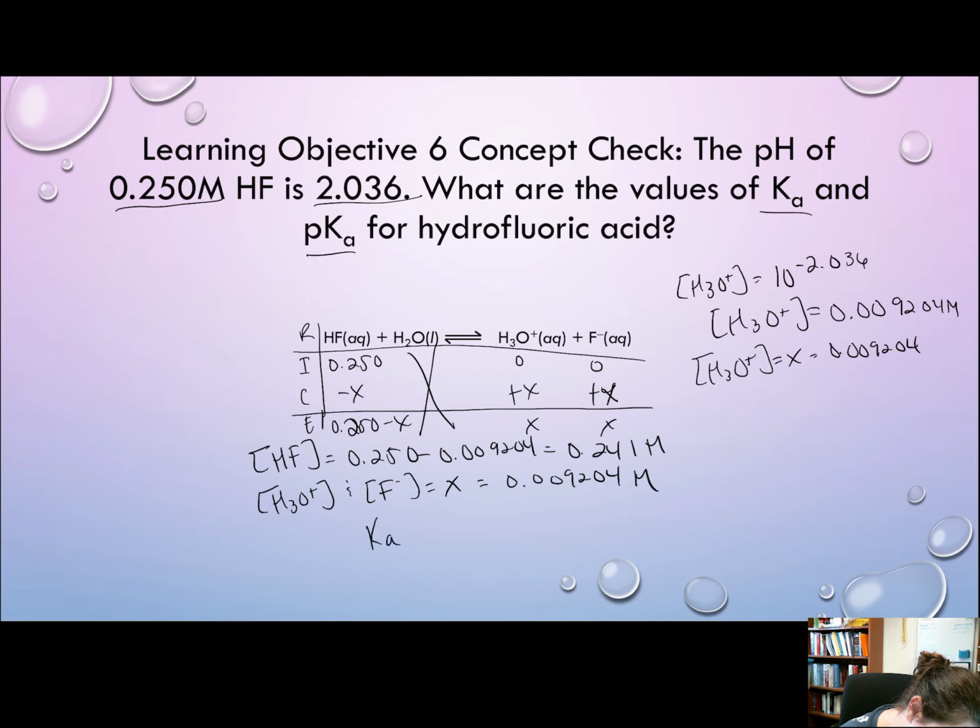We can then put that into our expression. Ka is equal to our products, hydronium times by F minus, so 0.009204 squared, divided by our HF concentration, 0.241.